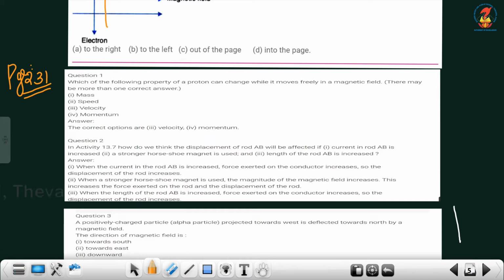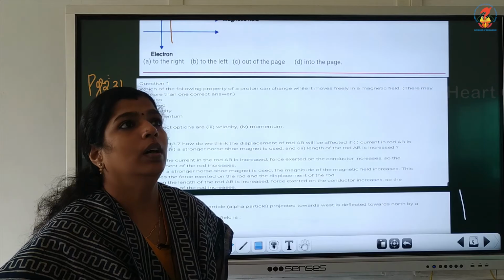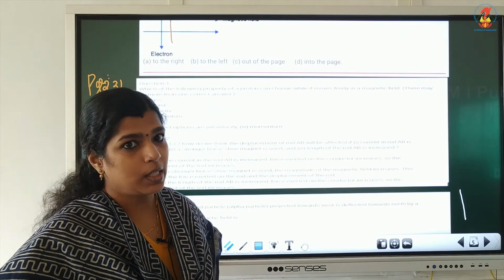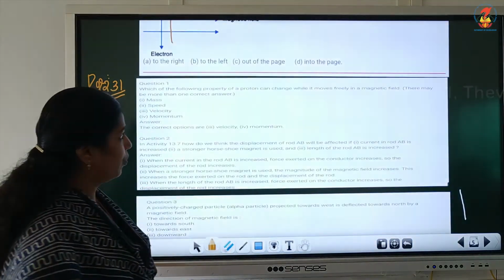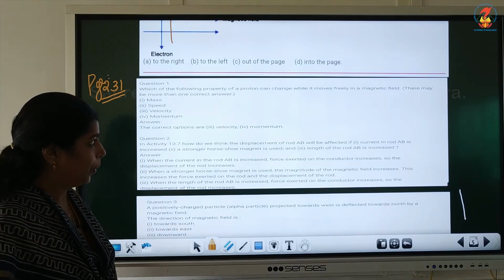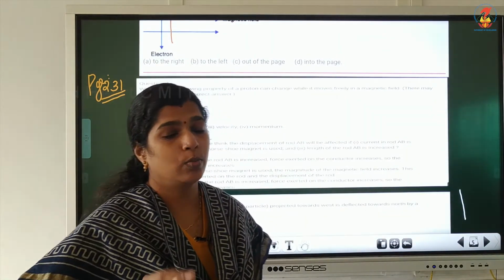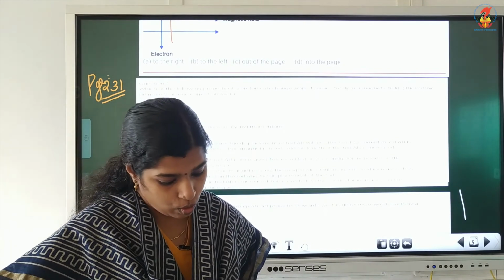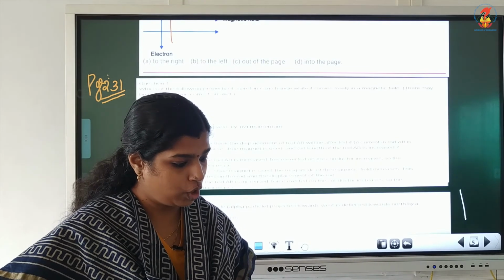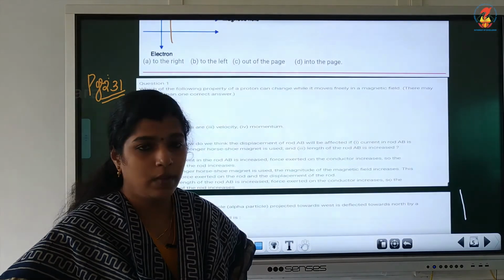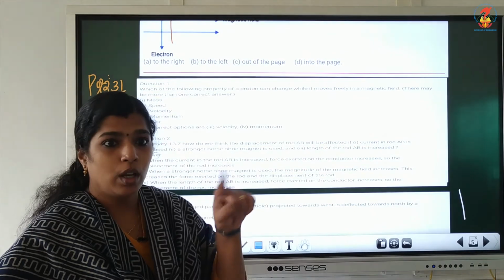When a charged particle enters at right angles to a magnetic field, it will move in a circular path with constant speed, means the speed is not changing. So, if the speed is not changing, the velocity will be changing. Okay. The velocity will be changing, means circular path.